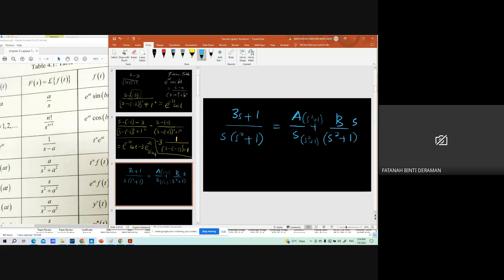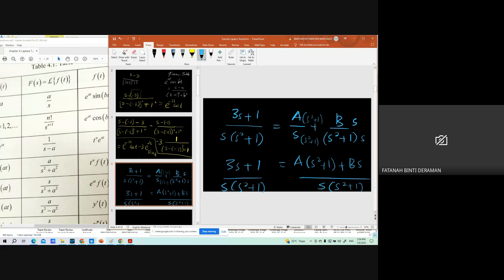So what happened here, a equals to s square plus 1 plus bs. And then at the above here, there is a similar s and s square plus 1. And then 3s plus 1. So s square plus 1.